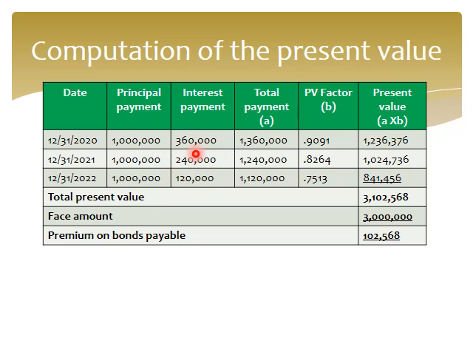So, therefore, nagpi-PVOA tayo doon. Ngayon, yung annual payment, iba-iba. 1,360,000 sa year 1, 1,240,000 sa year 2, 1,120,000 sa year 3. Bakit 240,000 lang yung interest payment sa year 2 pala? Kasi di ba sa year 2, yung face amount ng bonds is 2 million na lang.